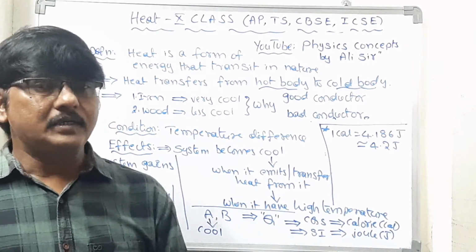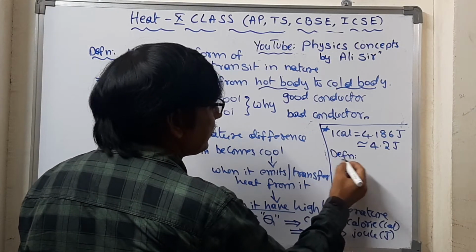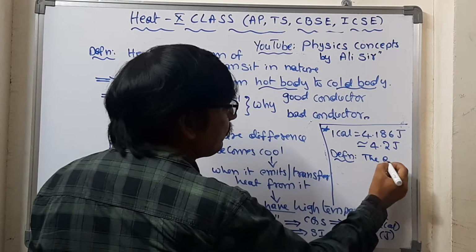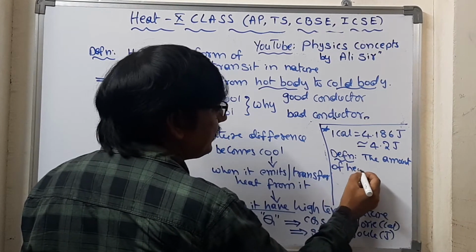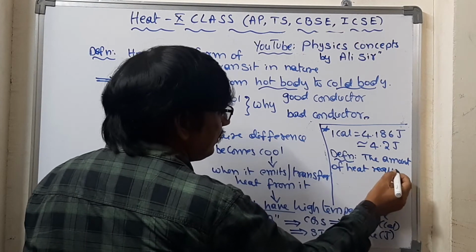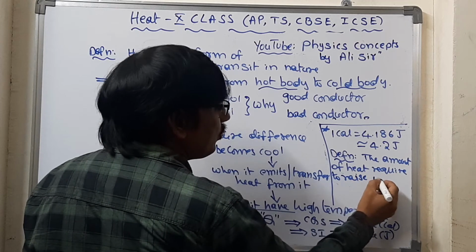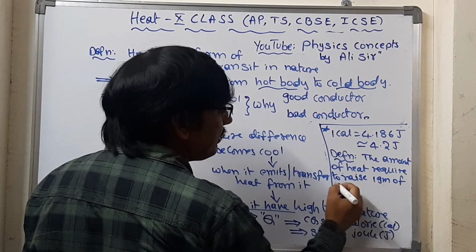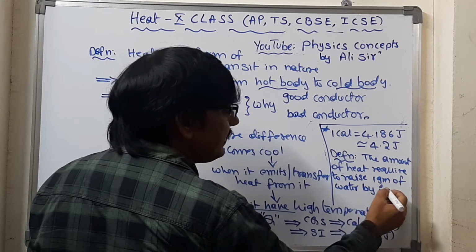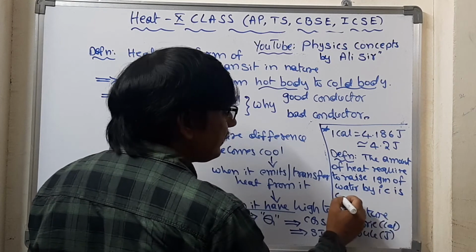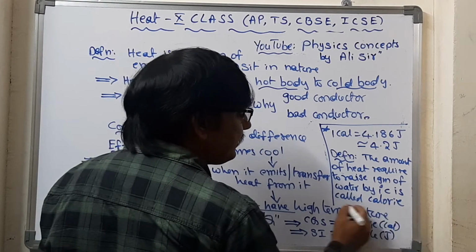So this is the calorie definition, and it is very important: the amount of heat required to raise 1 gram of water by 1 degree Celsius is called a calorie. The definition is very simple.